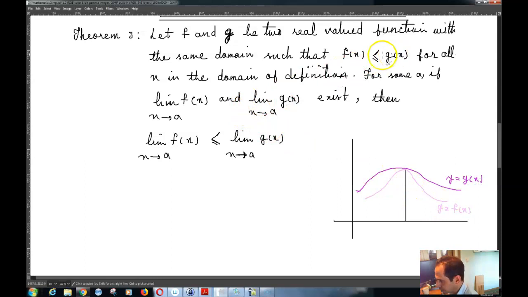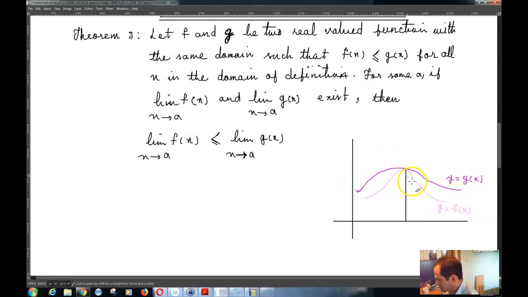And we said that f of x is less than or equal to g of x for all x in the domain of definition, meaning that wherever x happens to be defined in the case of those two functions, which have the same domain, the value of f of x is always less than or equal to the value of g of x.